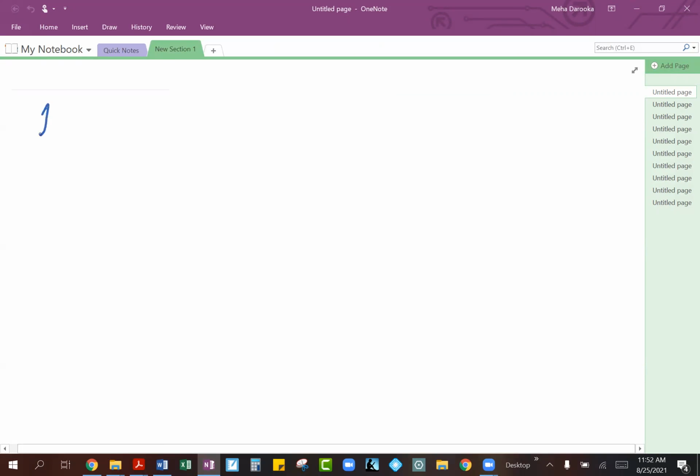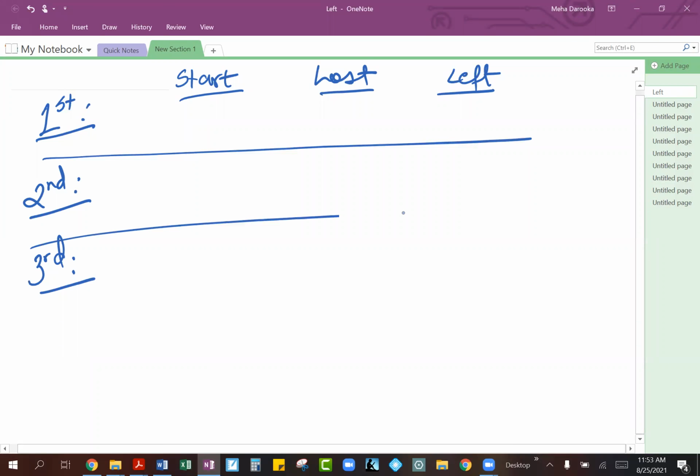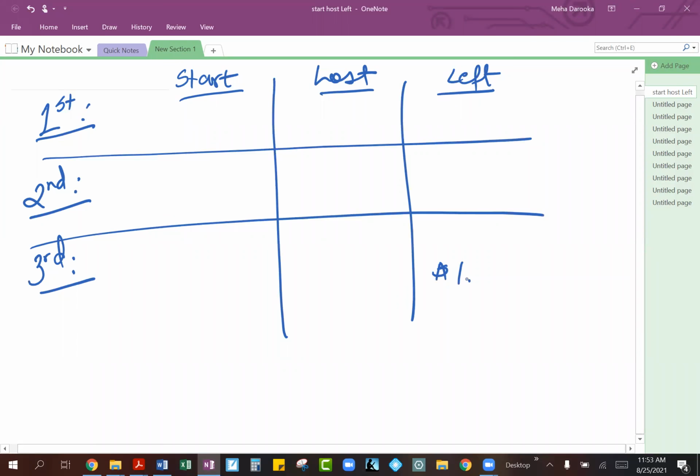This is his first hand, then his second hand, and his third one. So let's say the amount he started out with, how much he has lost, and how much he is left behind with. We know at the end of the third play, he is left behind with $1.50.